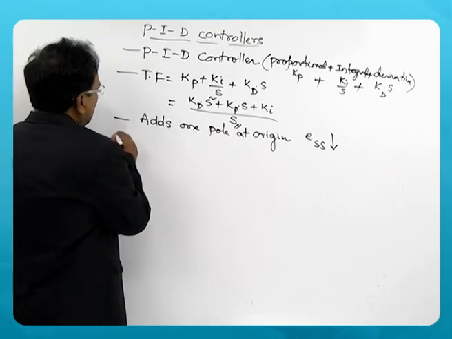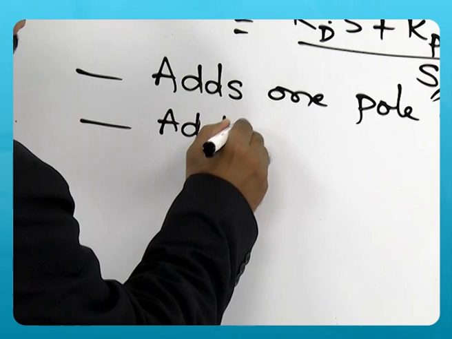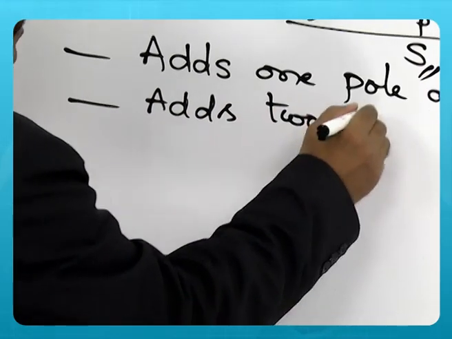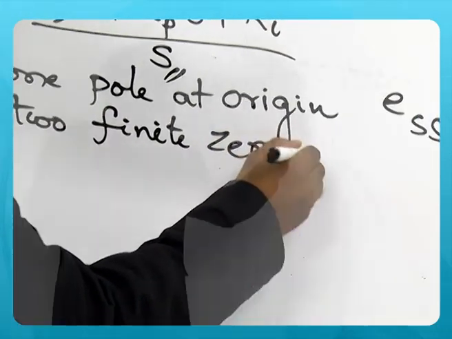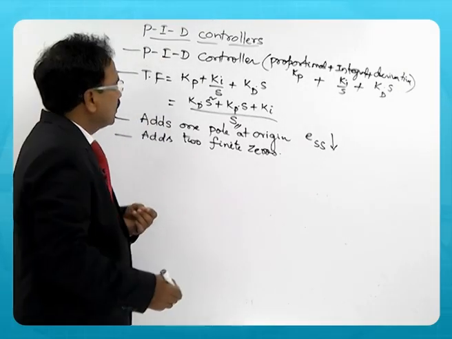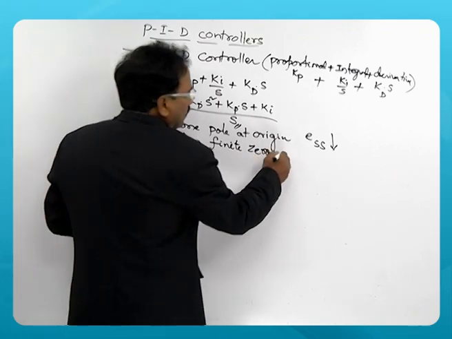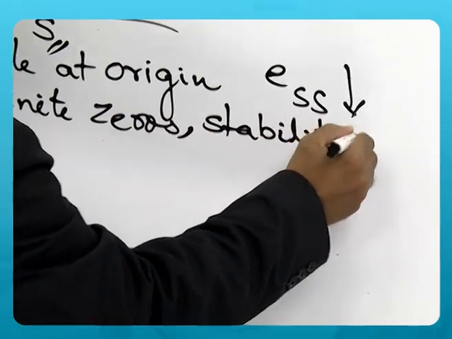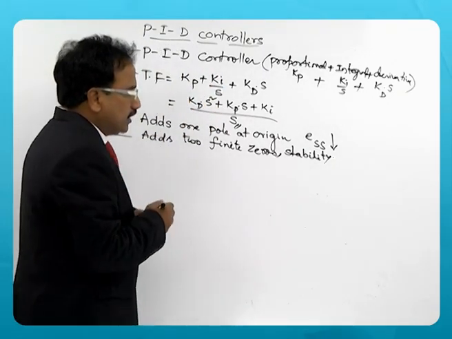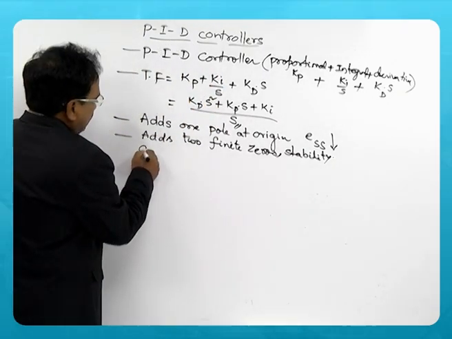The PID controller adds two finite zeros to the system. So that improves the stability aspect. This improves the stability.